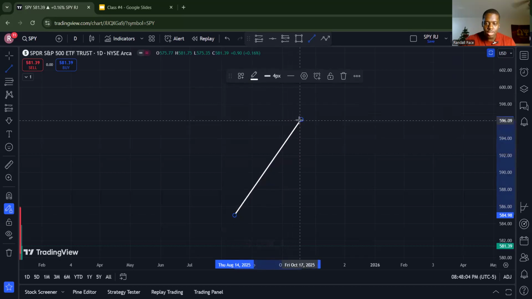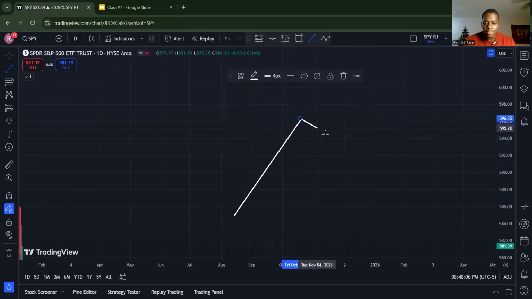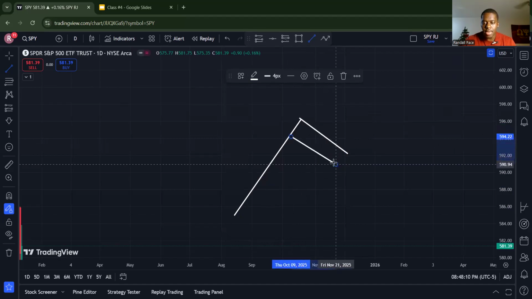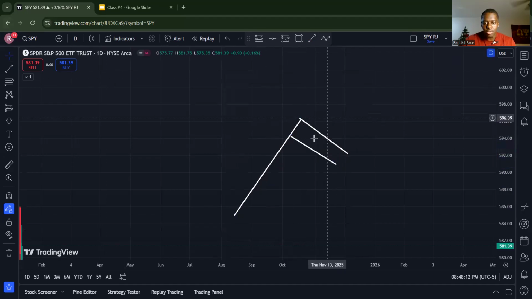So you have an uptrend, and then you have a pullback, right? Your trend lines and your pullback are going to be going the same direction. That's going to be key because of another type of pattern we're going to learn. Your flag pattern, your trend lines are going to be going in the same direction, and it should form just like a flag.